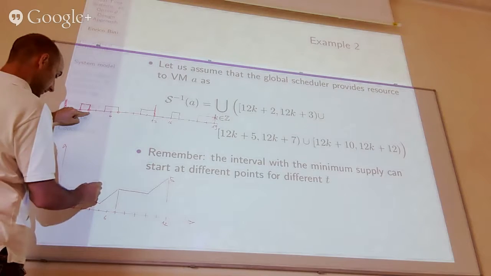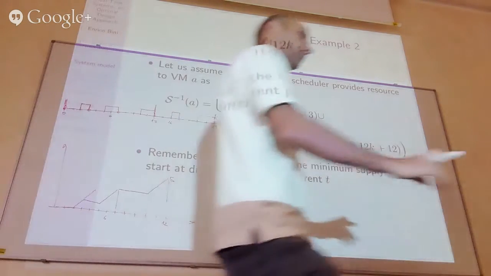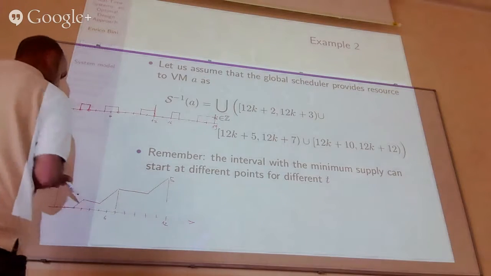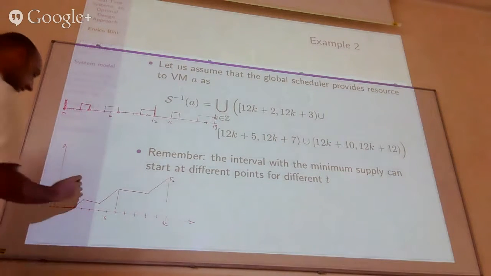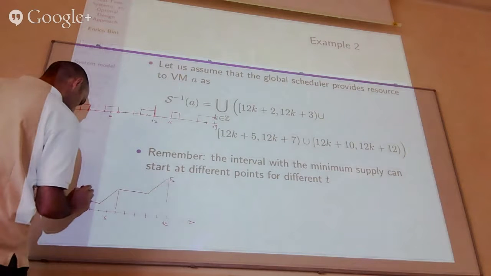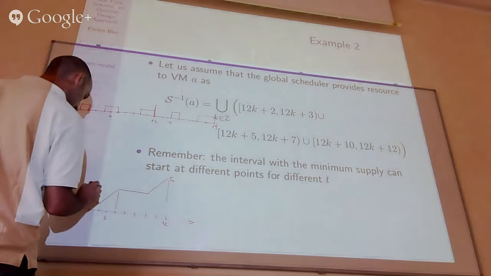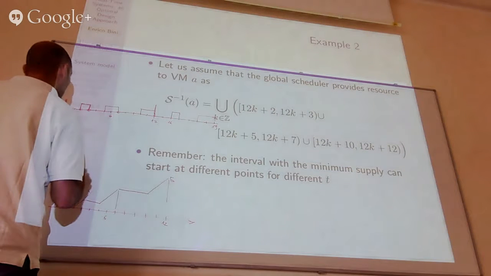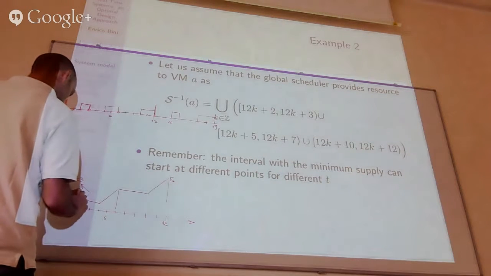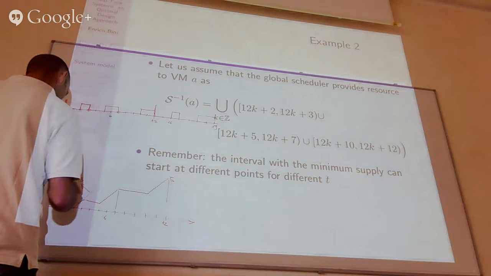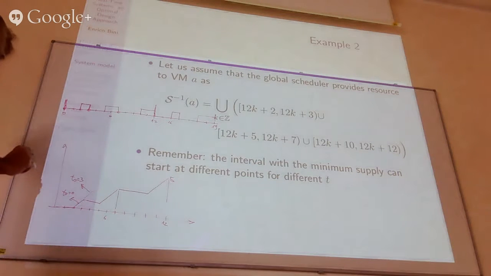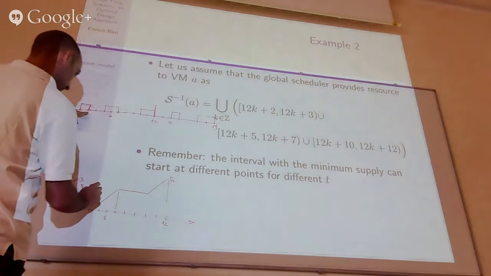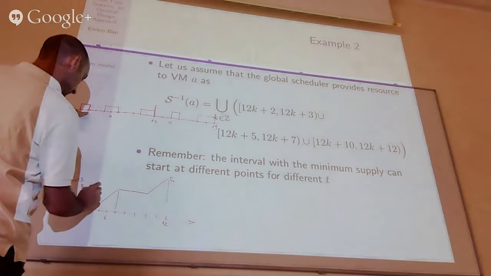Well, I want to do it differently to remember the points where we started. So here I do it dotted. Dotted is when we start with T0 equal to 3, and this is T0 equal to 0. Then we go here, and we are flat for T time units.